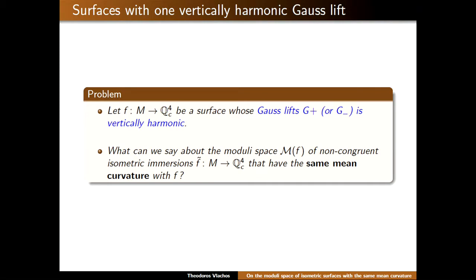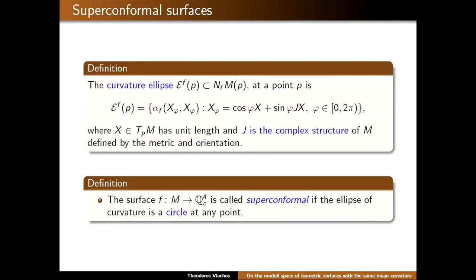The next interesting case is to see what we can say where just one of the Gauss lifts is vertically harmonic. What can we say about the moduli space in this case? In order to provide the answer to this question, I need the notion of superconformal surfaces, which relies on the notion of curvature ellipse.